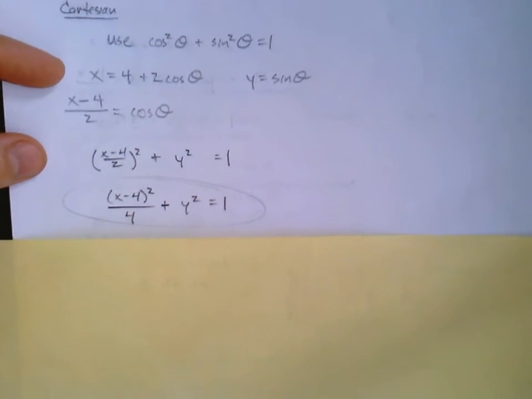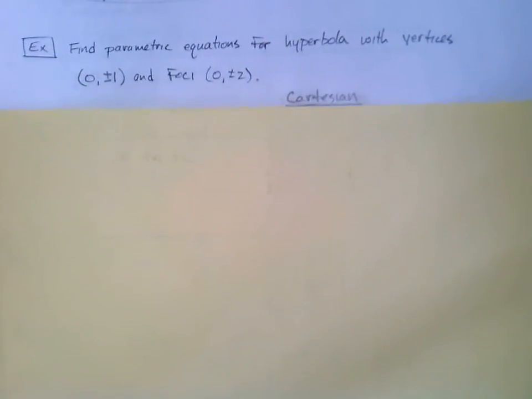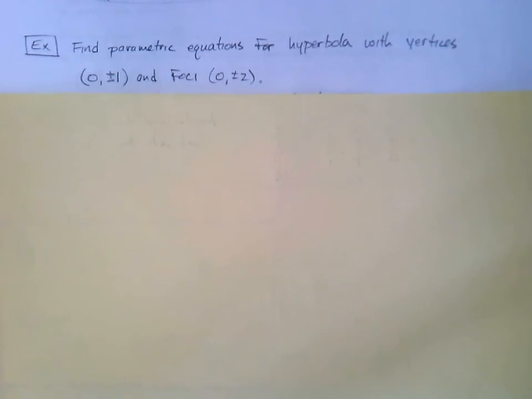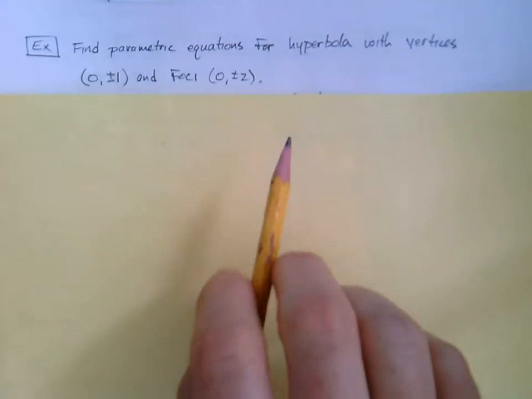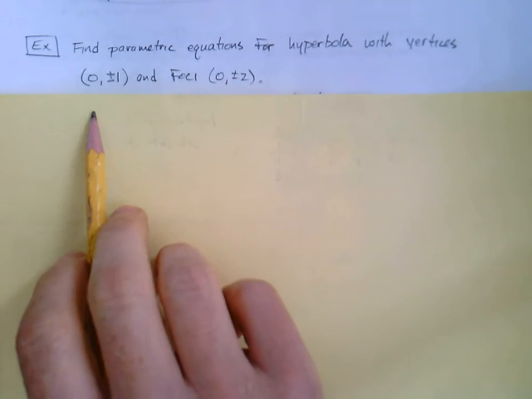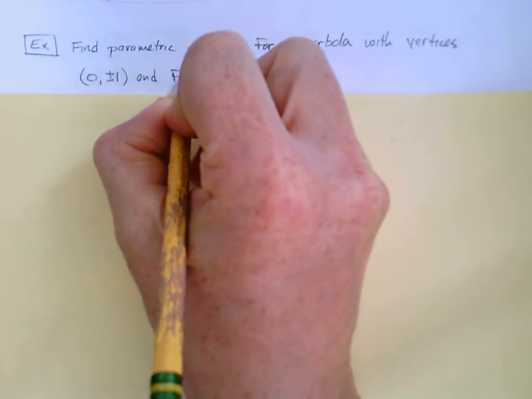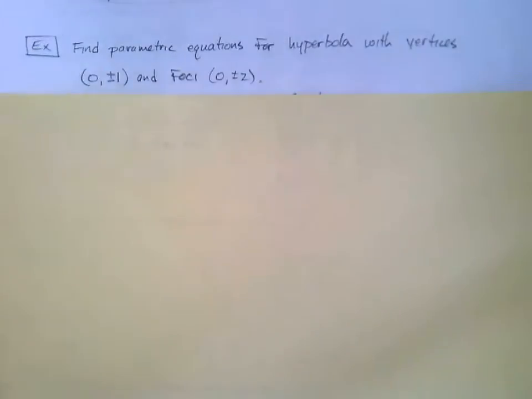All right, we're going to now see another style of example. Now this one involves another conic section, this time the hyperbola, but definitely more challenging. So it says find the parametric equations for the hyperbola with vertices 0, plus and minus 1, and foci 0, plus and minus 2.